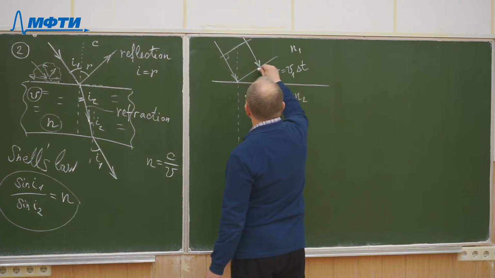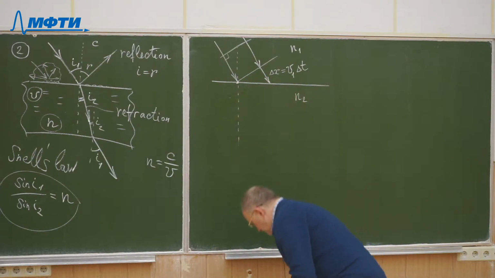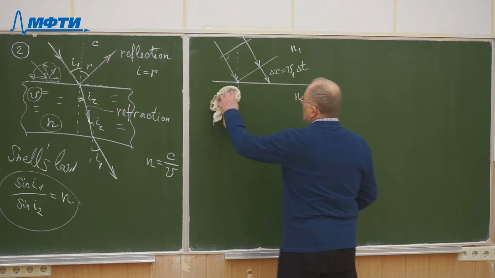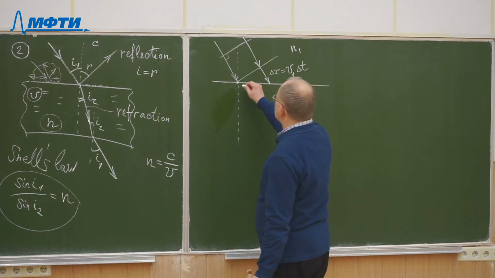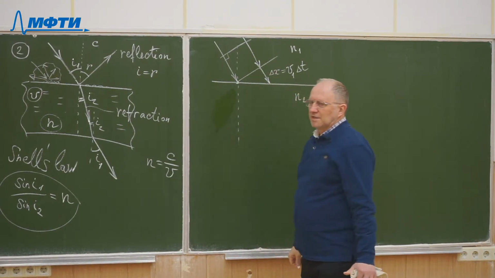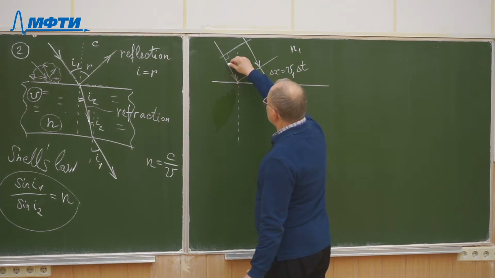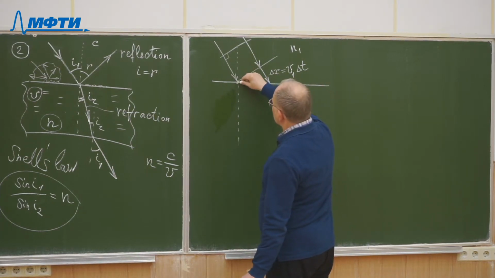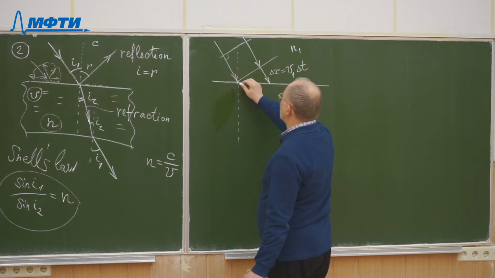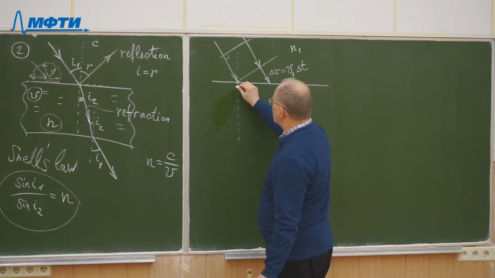What happens at the same time with this light wave which goes into the medium? Here we use the Huygens-Fresnel principle, which says that every point of the wavefront is a source of secondary waves. So when the electromagnetic disturbance comes to this point, it becomes the source of secondary waves.